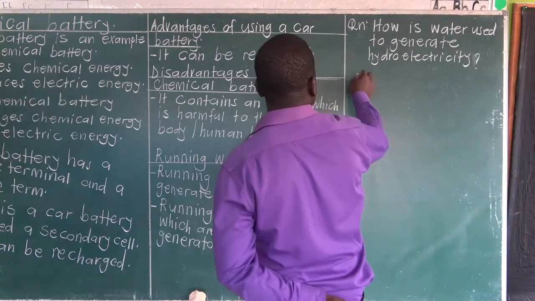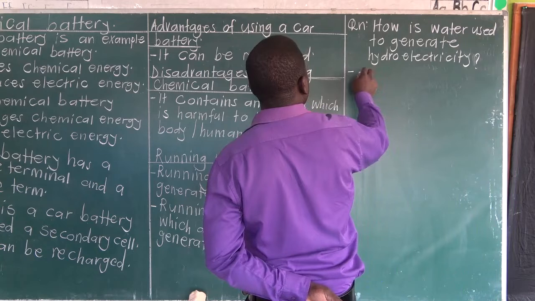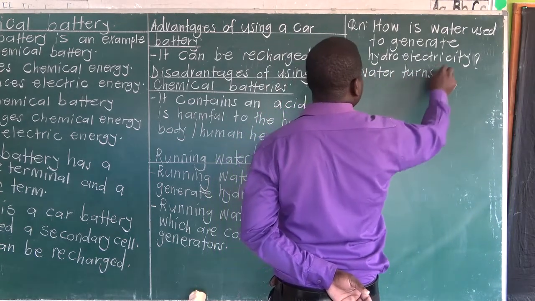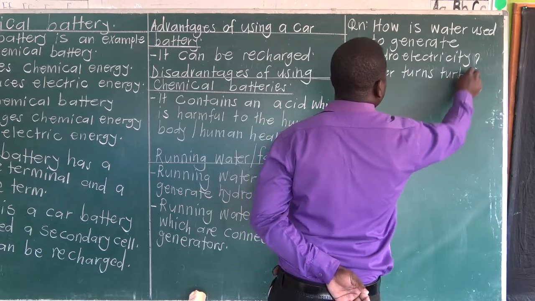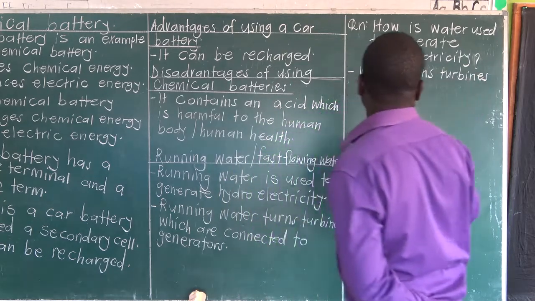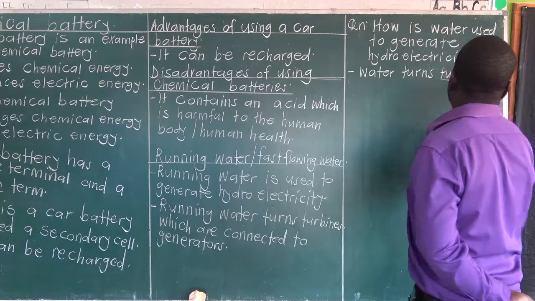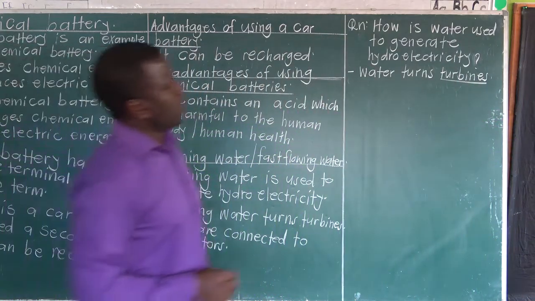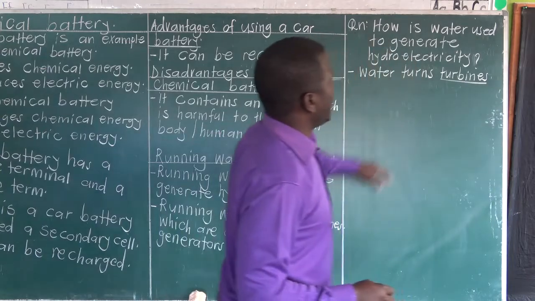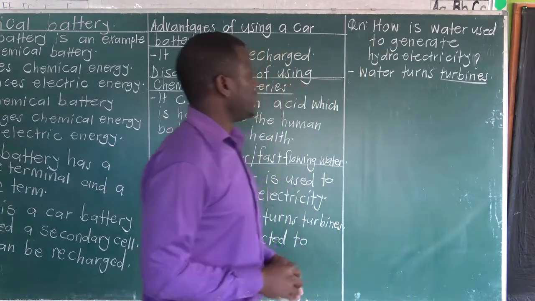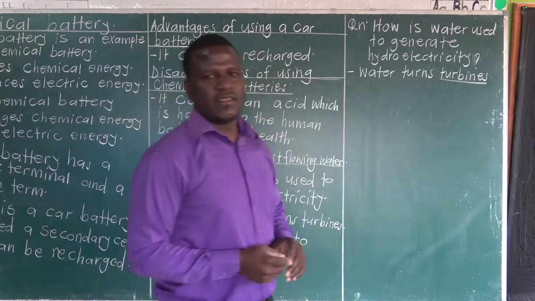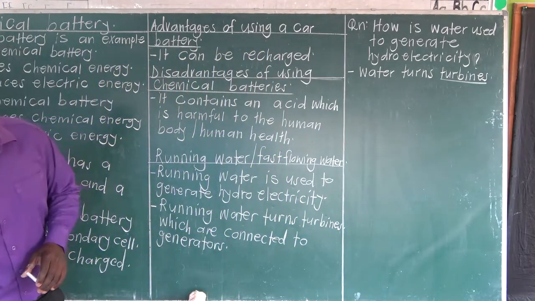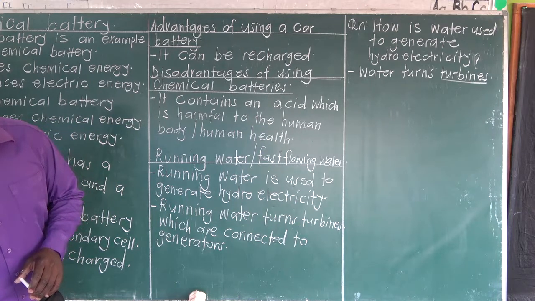Water turns turbines which are connected to generators. So water turns turbines, and these turbines are connected to a generator which helps to produce hydroelectricity.